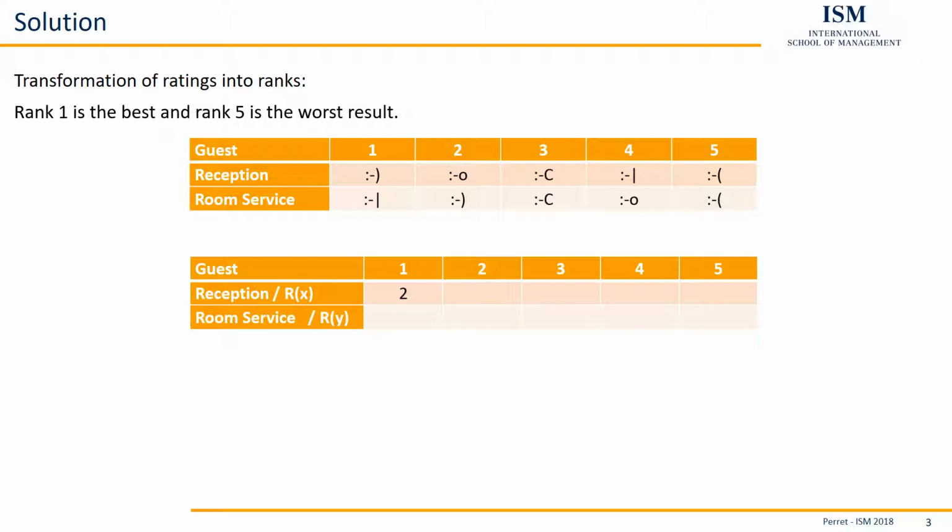The second guest gives it the best, so this is rank 1. And the worst, and the middle one, and the second to last. Similarly for the room service, we have the third one, the second best, the worst, the best, and the second worst. Those numbers we can then use to actually calculate the statistic.